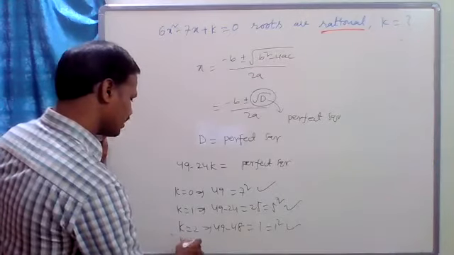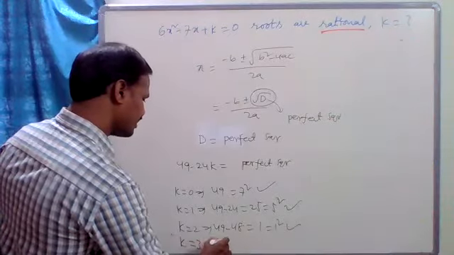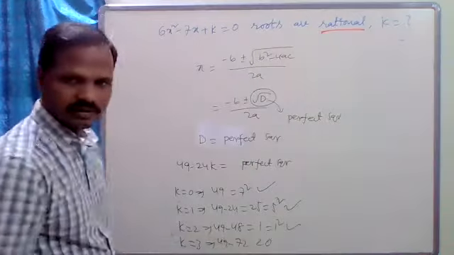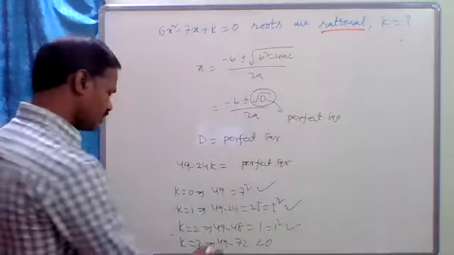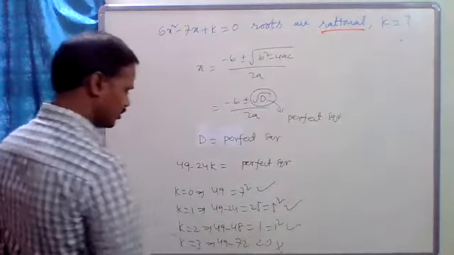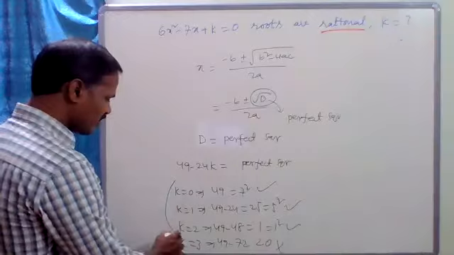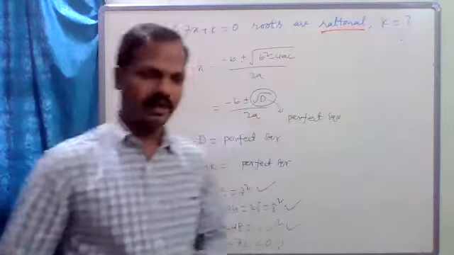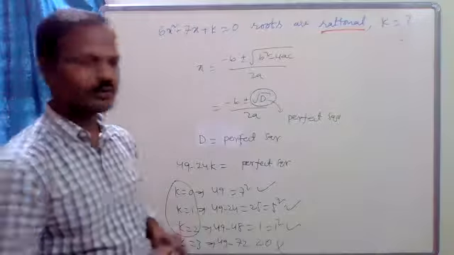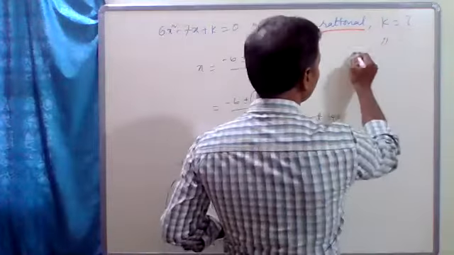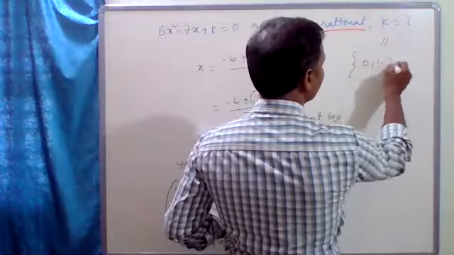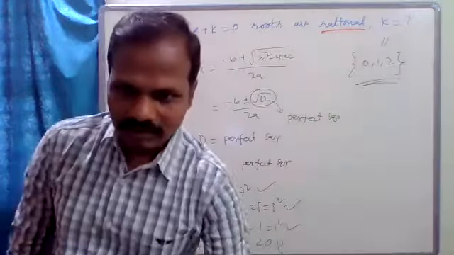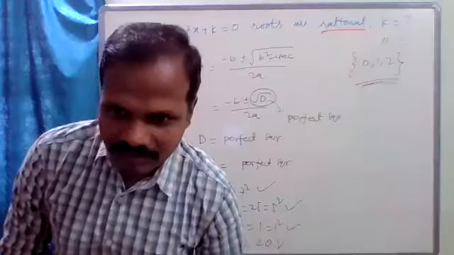If k equal to 3, what happened? 49 minus 72 is a negative number, so you should not take this one. So the possible values of k are 0, 1, 2. The k value set is {0, 1, 2}. Is it clear?